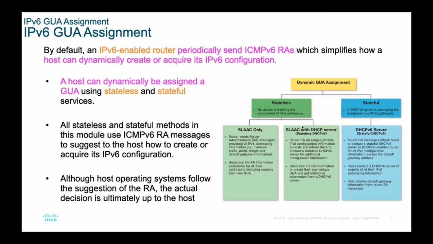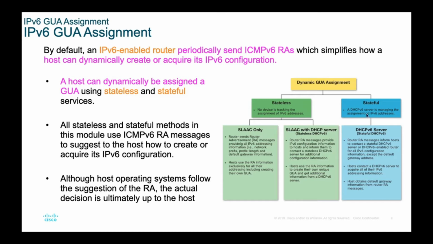For IPv6, all those services can also provide their info to our client through the DHCP server. But our DHCP server works as stateless because it does not configure the IP address but configures the other info. That's a stateless DHCP server.